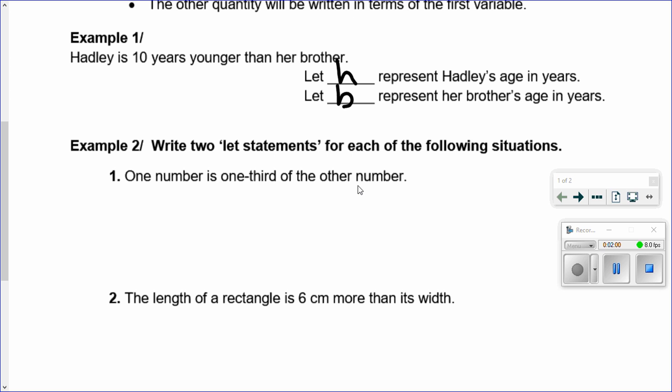In this case, we're not being asked to solve anything. We're just looking to define variables. And I could have chosen any variables. I could have used X. I could have used Q. I could have used alpha. It really doesn't matter. I just recommend that the letters make sense in the context of the question.